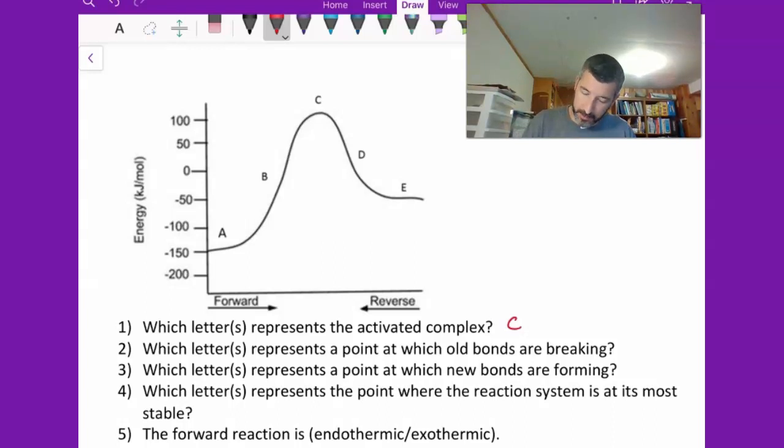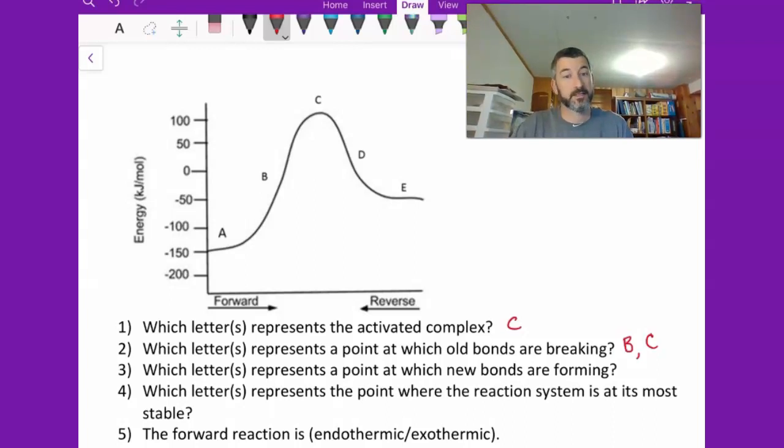B is definitely an answer, because we said on the uphill it's endothermic because old bonds are breaking, and that's an endothermic process. The tricky one that you may not have gotten is actually C, because C is the activated complex, and if you remember just a minute ago I told you at the activated complex old bonds are still breaking, but new ones have begun to form. So it's kind of both are happening, therefore it fits the description old bonds are breaking.